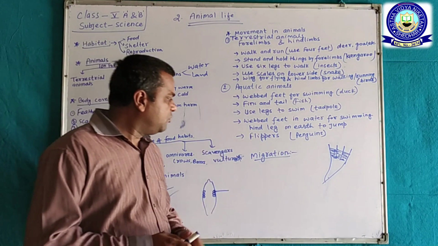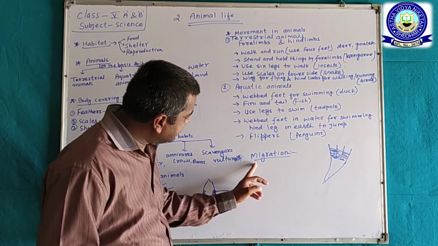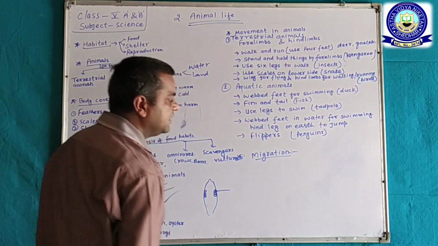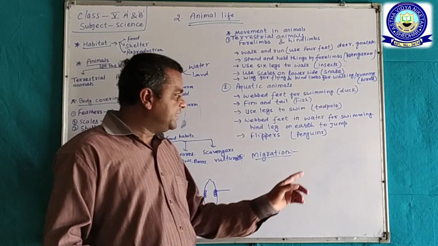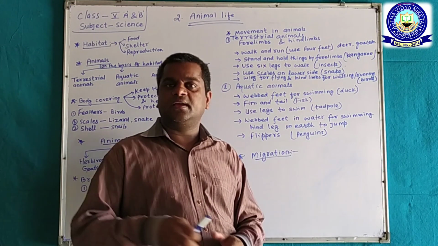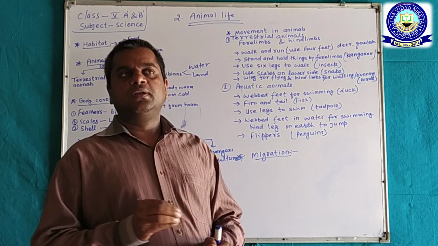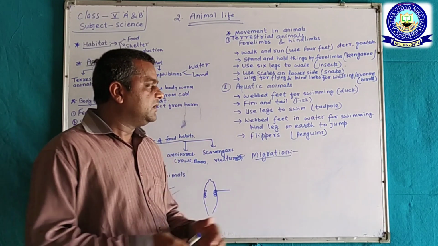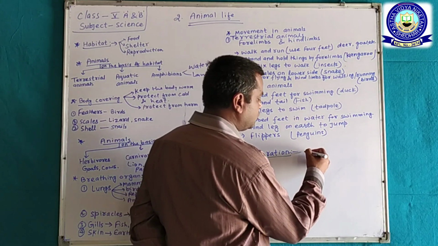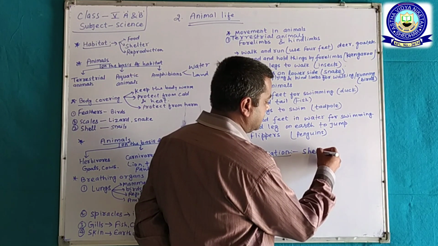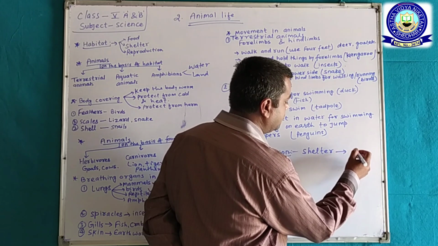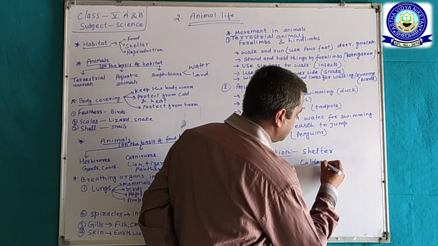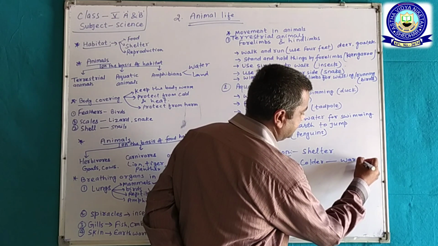Okay, now come to the point, that is migration. Migration means the animals which move from one place to another in search of food, reproduction, and shelter. Like in search of shelter, they move from colder to warmer regions.